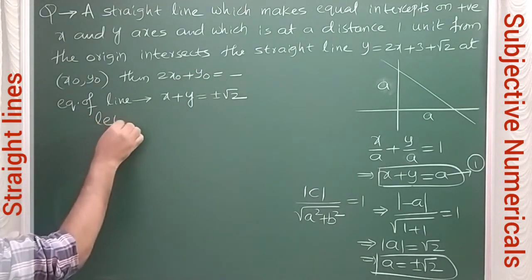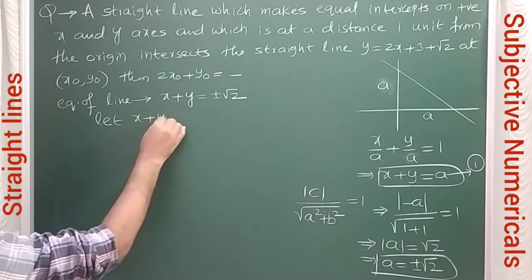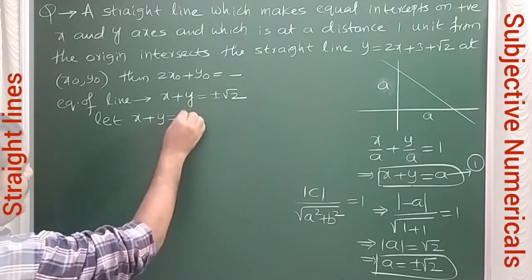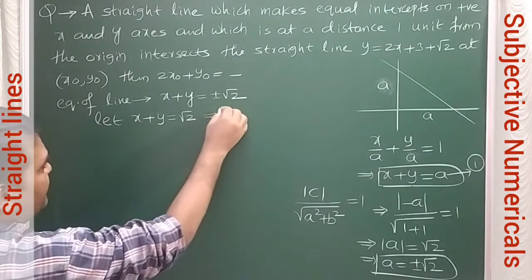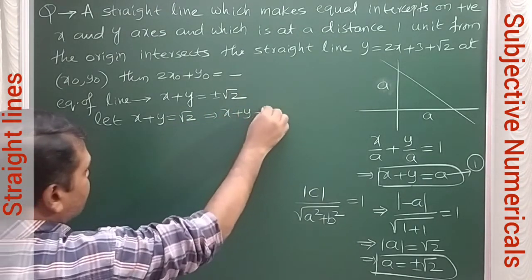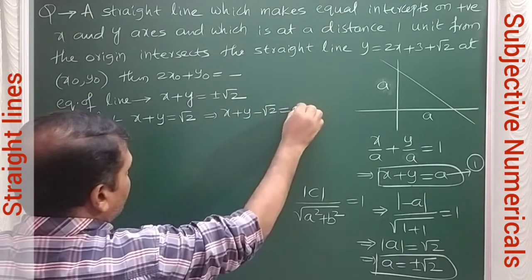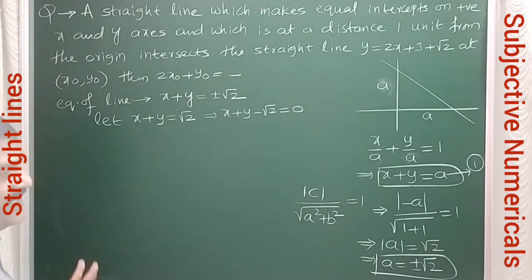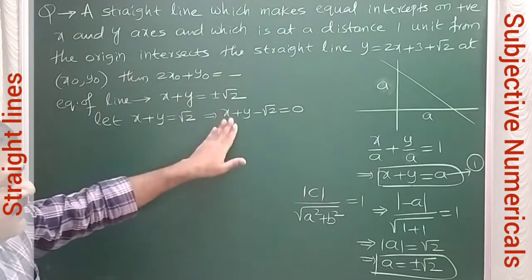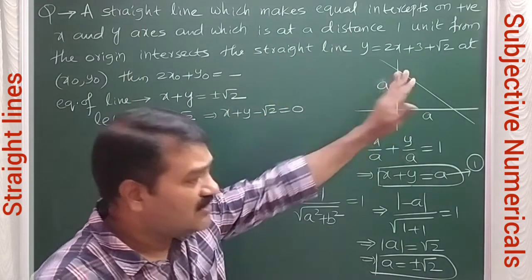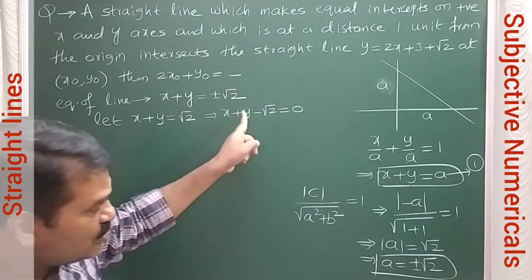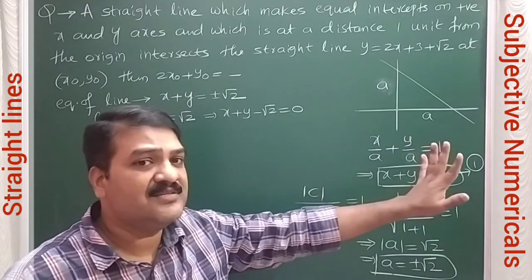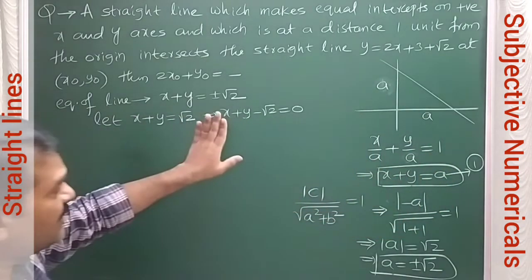So let us assume the first case, x plus y is equal to root 2, I will take. In the second case, I will take x plus y is equal to minus root 2. So this is the line which is making equal intercepts on the axis and whose perpendicular distance from origin is 1. Both the conditions, based on that we got the line.